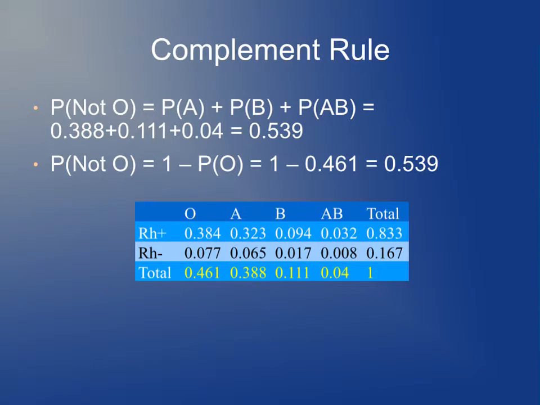Since the probability of O or not O has to be equal to 1, and since those are two disjoint events, we know that the probability of O plus the probability of not O is equal to 1. In other words, the probability of not O is equal to 1 minus the probability of O, which in this case is 1 minus 0.461, which is 0.539, consistent with what we got when we did it the other way.